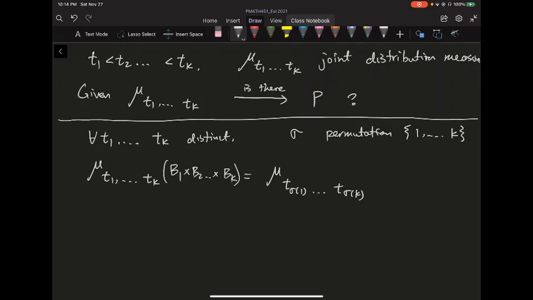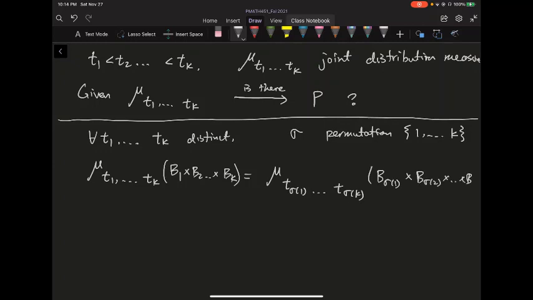The joint distribution is defined on a k-dimensional process, so you can measure them on these boxes. When you permute the timestamps, you also permute these boxes. So B1 gets permuted to B sigma 1, and you look at B sigma 1, B sigma 2, and so on.